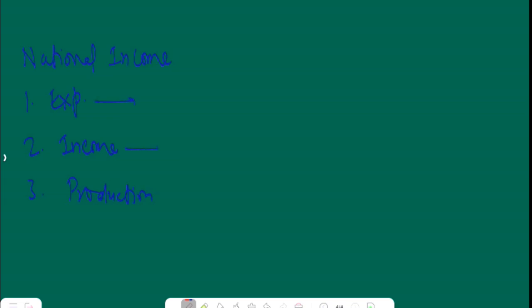These all have a formula. Expenditure method formula is C + I + G + X - M, and this formula can be remembered by the trick Wipro.